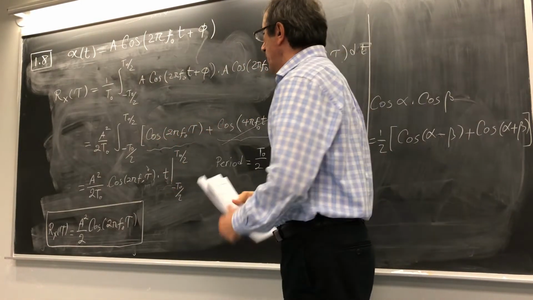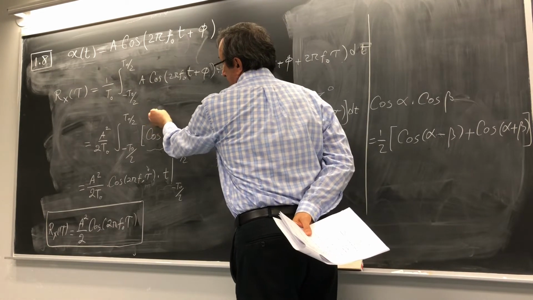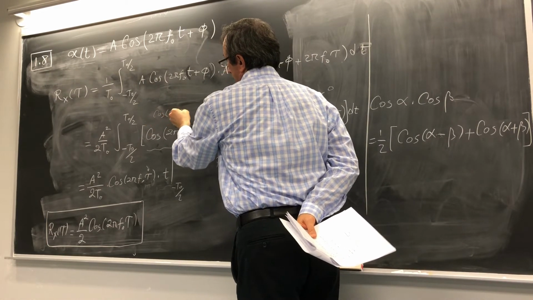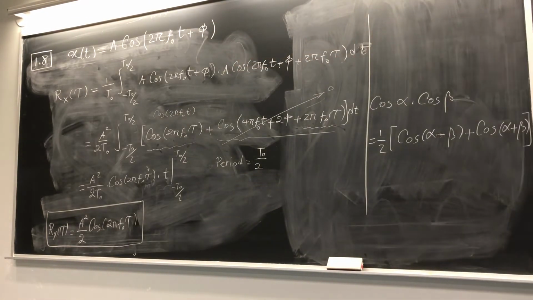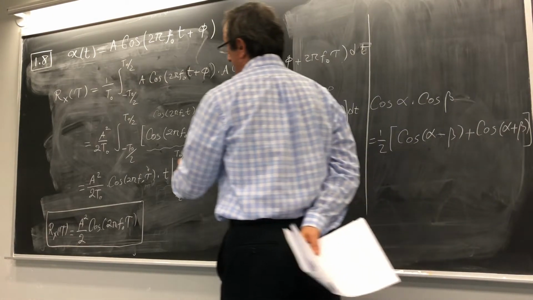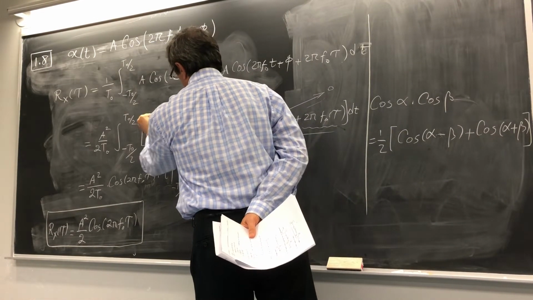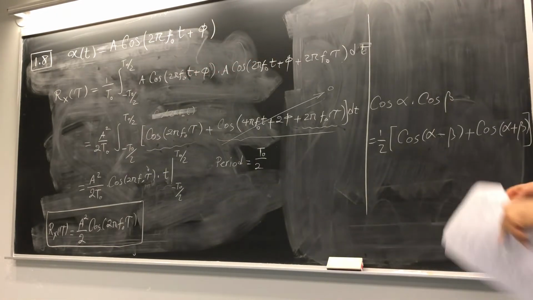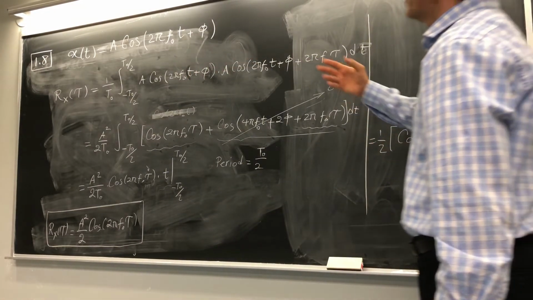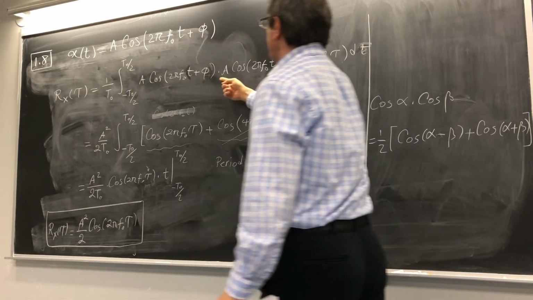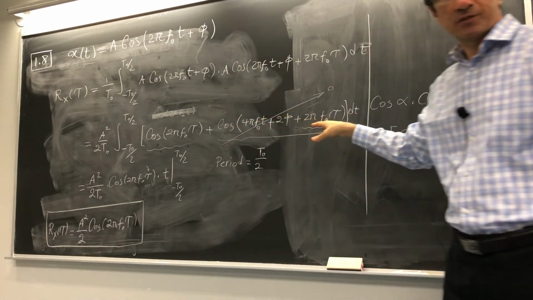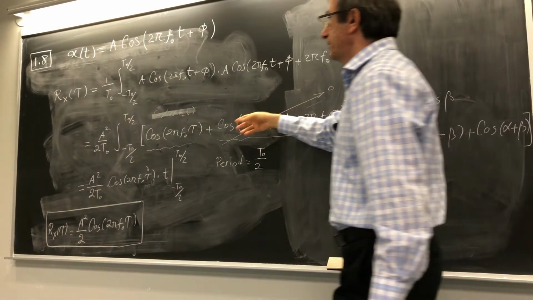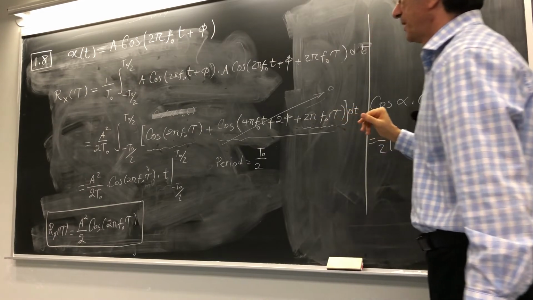This is not a function. If it was cosine of 2 pi f naught t, then we got rid of the t in the first line. We converted this product of two cosine functions into the summation of two cosine functions to be easier for the calculation of the integral.